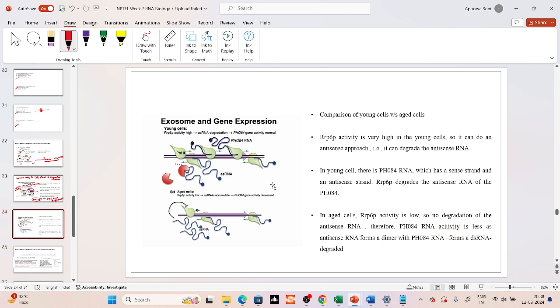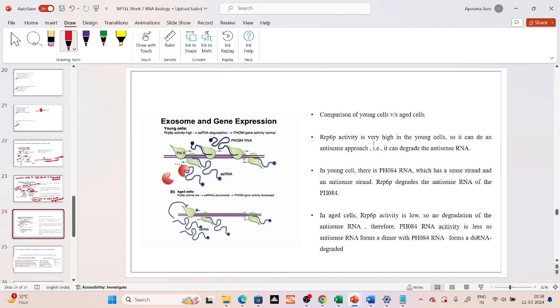In young cells, there is one RNA, the 484 RNA. This 484 RNA is present in young cells and also in old cells. But this 484 RNA has a sense strand and an antisense strand.